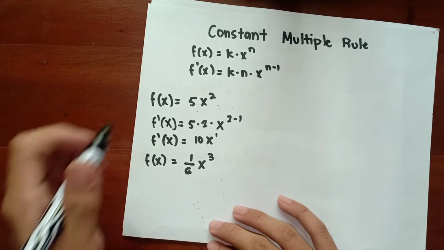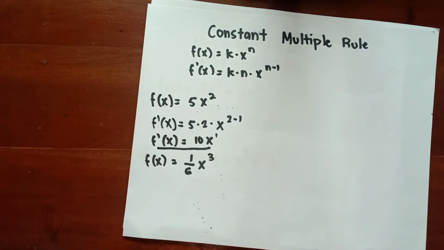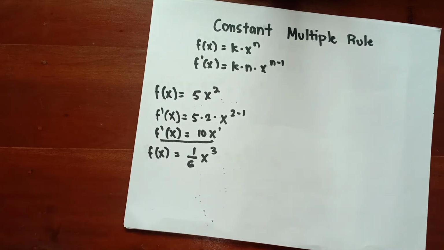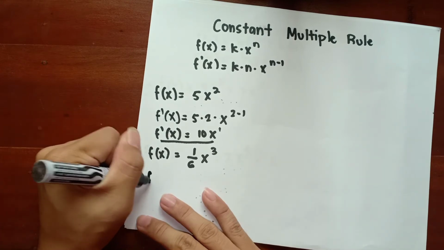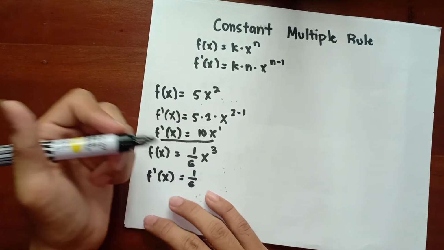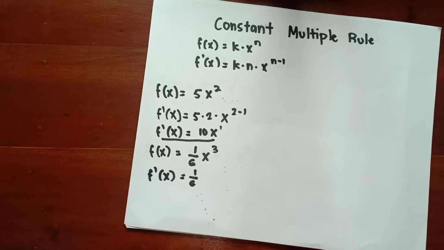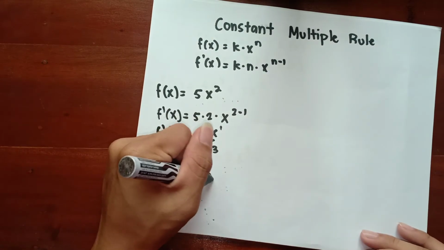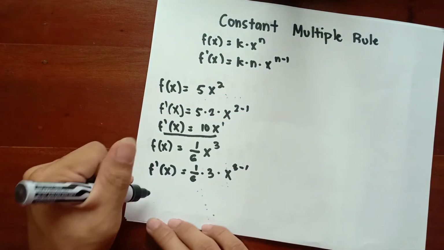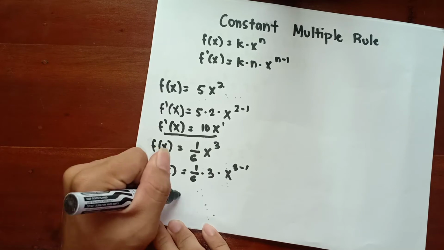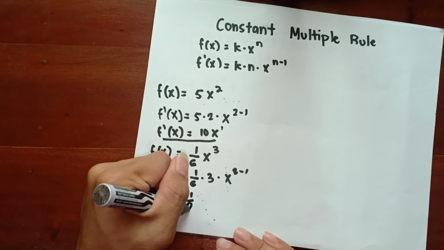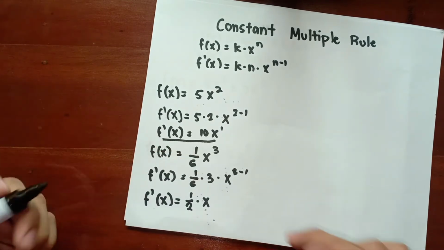So, second example. f of x is equal to 1 over 6 multiplied by x cubed. So, f prime first. We're gonna let 1 over 6 stay in front of x cubed and bring down the n, which is 3, multiplied by x raised to 3 minus 1. f prime of x is equal to 3 multiplied by 1 over 6, which is 1/2, multiplied by x raised to 3 minus 1, which is 2.